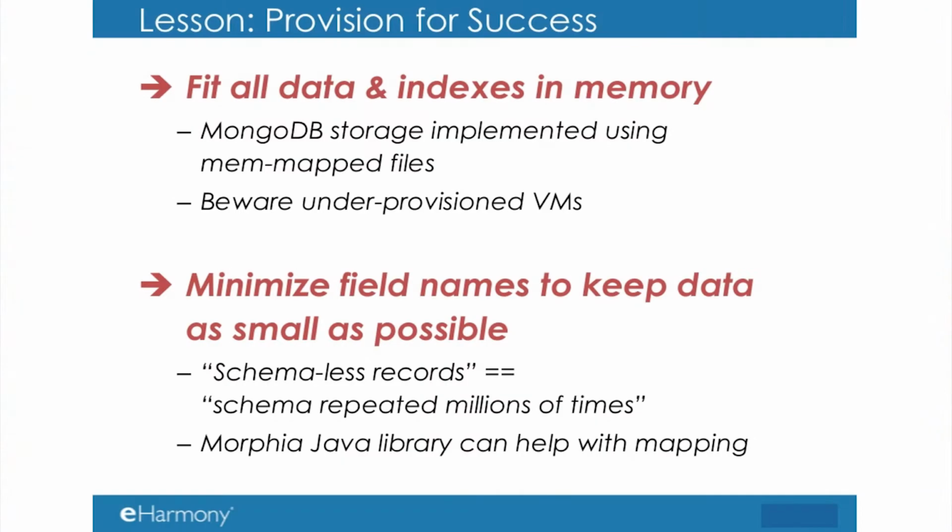So the first thing that I want to talk about is how to provision the cluster. The most basic thing, and probably if you've been reading tips online, you've seen this already, MongoDB is based on memory mapped files. What that means is if the working set of your data plus your indexes on any given box is larger than the amount of physical memory you have, it's going to start swapping and your performance is going to become significantly less.